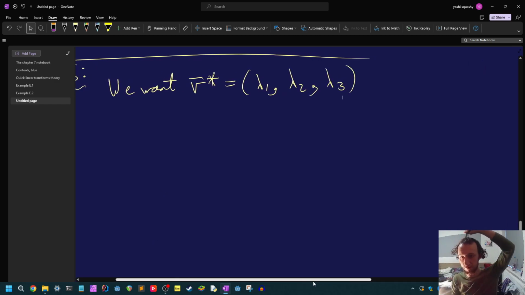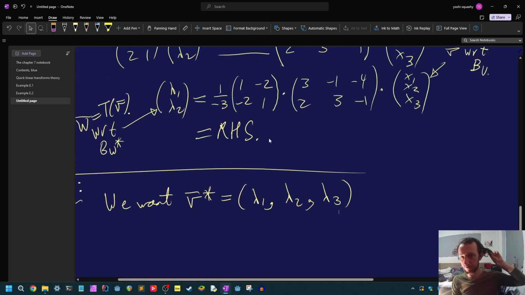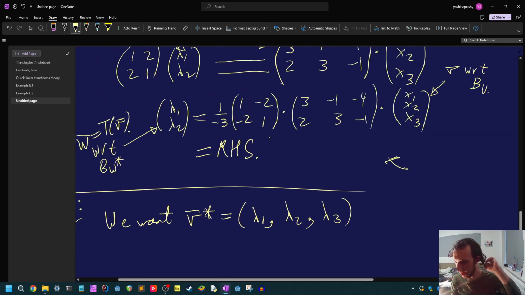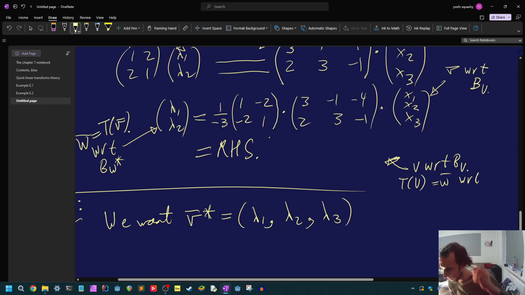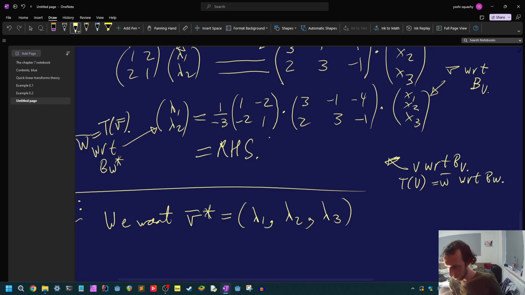And so what we're doing here is we're doing it a different way, right? Before we had v with respect to bv, then we did t of v equals w with respect to bw, and then we simply converted by change of bases. What symbol should I use for that?